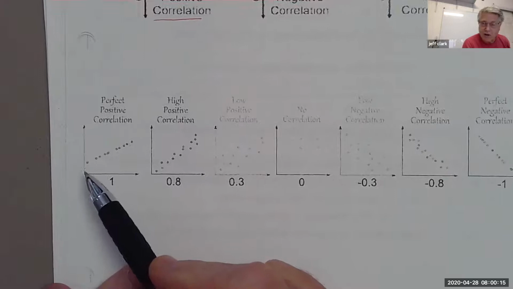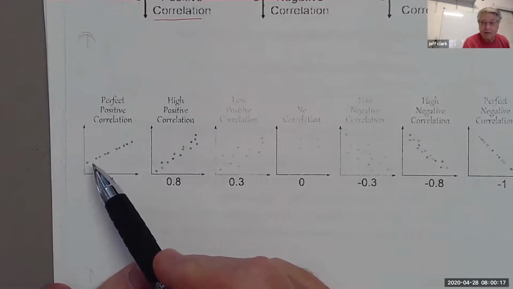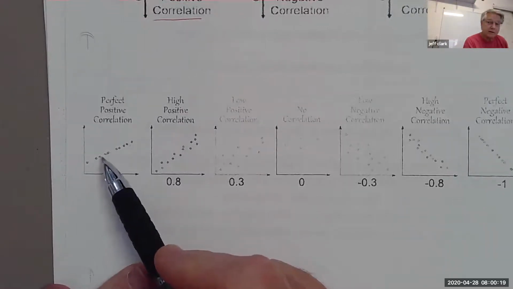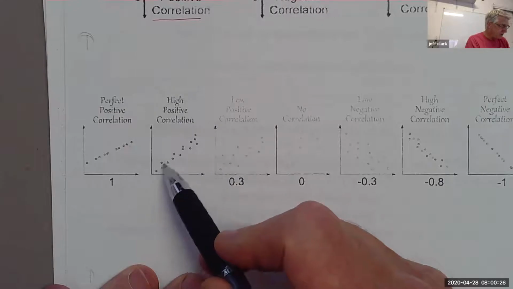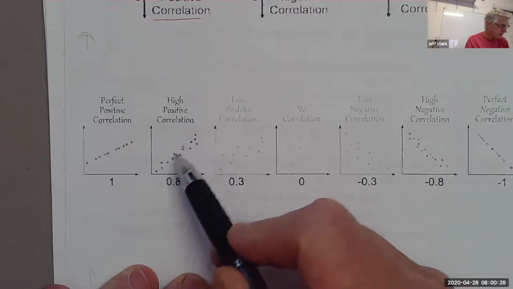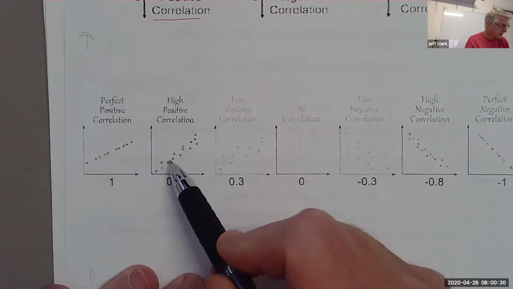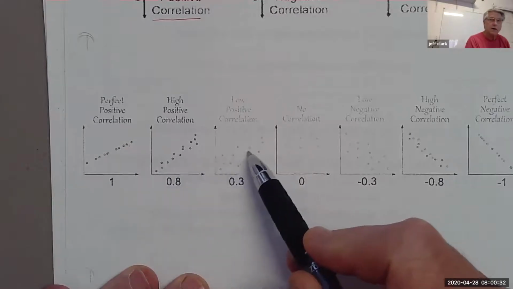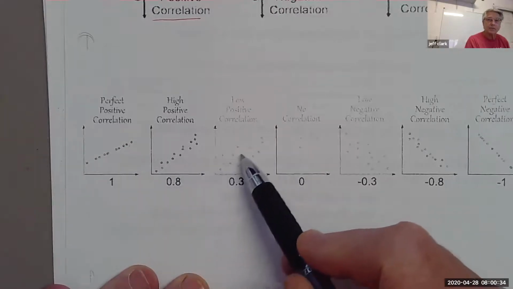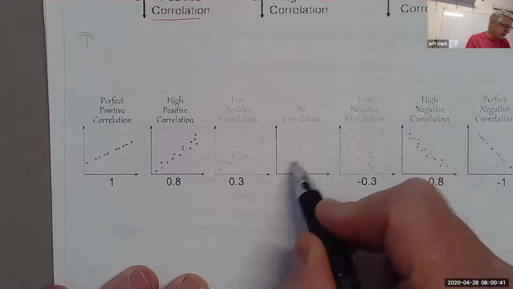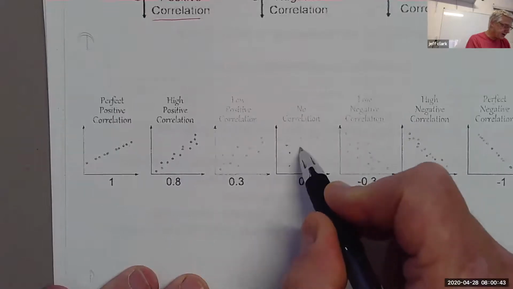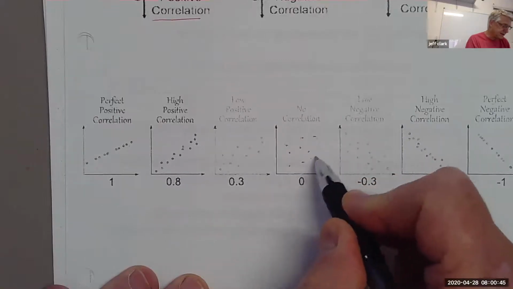Remember the equation y equals mx plus b, slope-intercept form. We're going to learn how to find that as well from the calculator. High positive correlation, positive up to the right. That's super strong. That's kind of strong. This is low. It looks like there's a relationship, positive. That's weak or low. When it says no, it's hard to see, but you'd see there's dots maybe all over the place like this.